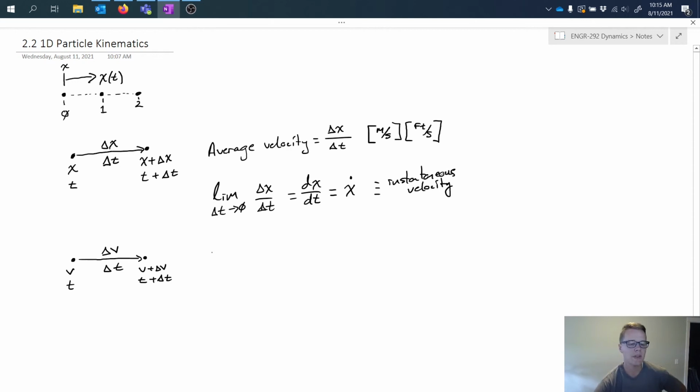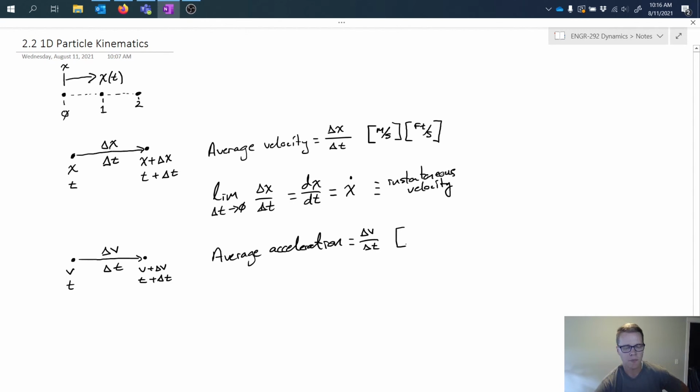Doing so, I can treat this in exactly the same way as in the previous case, which is to look at the acceleration, which we know as the change in velocity over a change in time. I can write that in the exact same manner as before, as delta v over delta t.